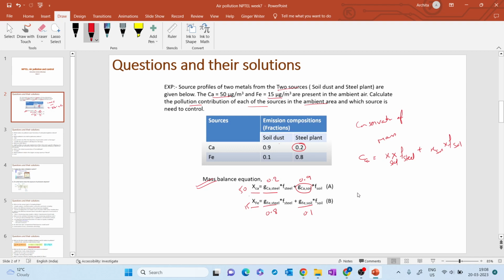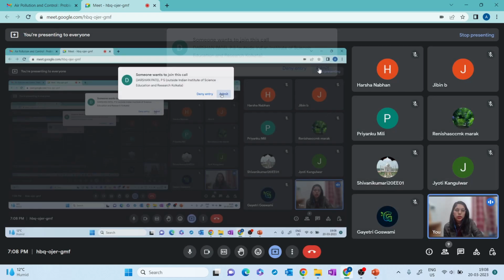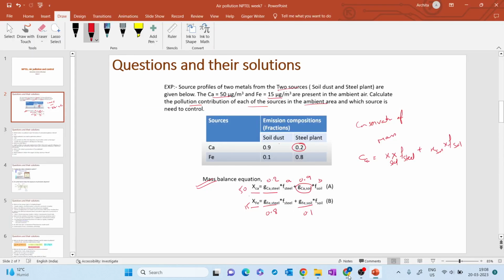Now what you solve is, let me call this A and this B. So the equation becomes, okay, 50 equals 0.2A plus 0.9B and 15 equals 0.8A plus 0.1B.